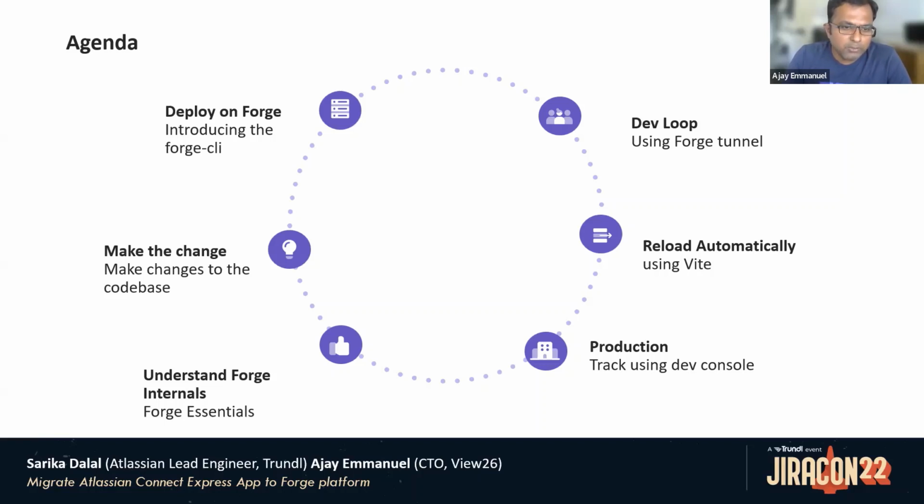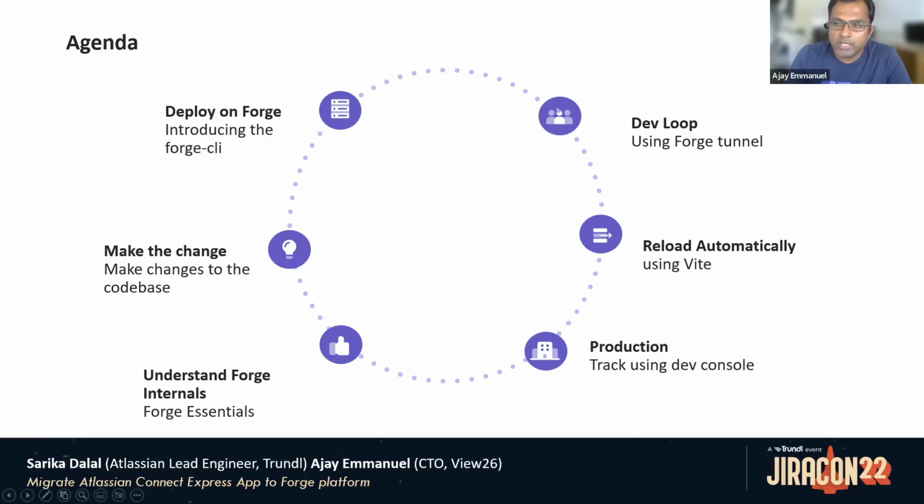Then we'll talk about how to migrate the code from Connect to Forge. We'll also look into using the Forge CLI, because the Forge CLI helps you host the code you have developed locally on the Atlassian infrastructure, and we can also make use of the Forge tunnel for debugging purposes.